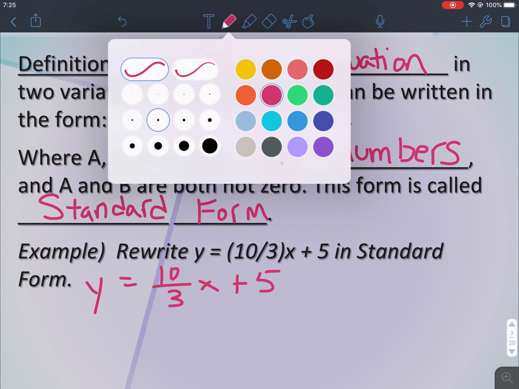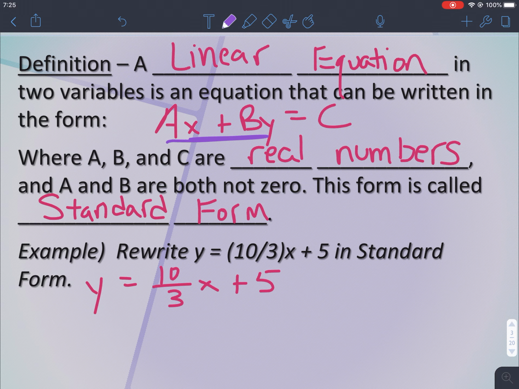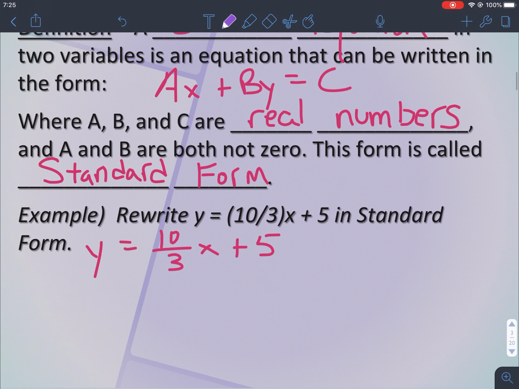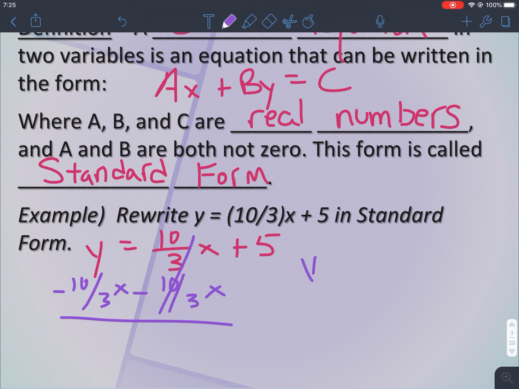Well, we want the x and the y to be on one side of the equation. And so I can take this 10/3 x and subtract it, and then get it on the other side. So now I have y minus 10/3 x equals 5.